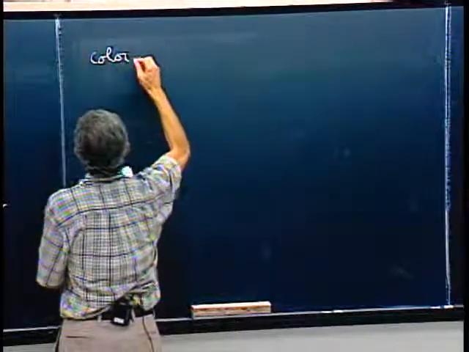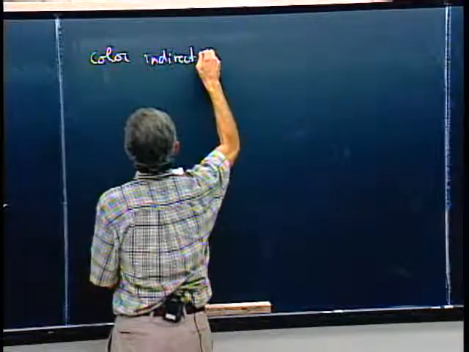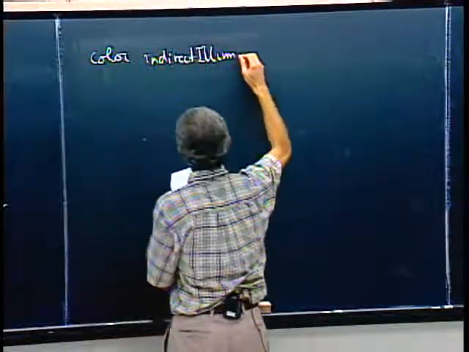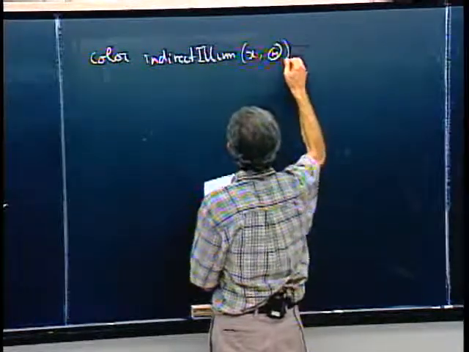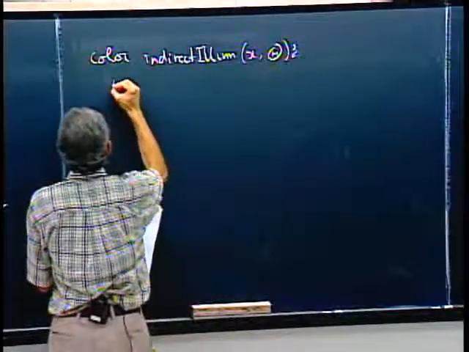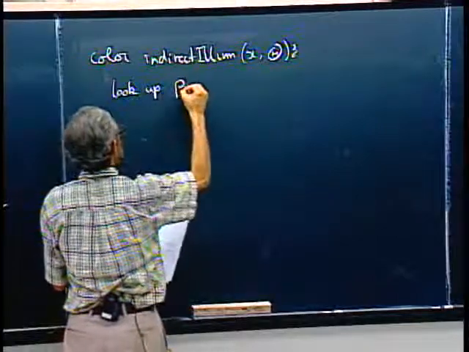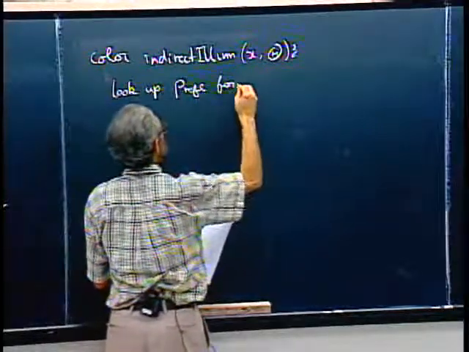So now the thing we're trying to compute is indirect illumination. I'm going to abbreviate it x theta. So look up this value P reflect for the surface at x.